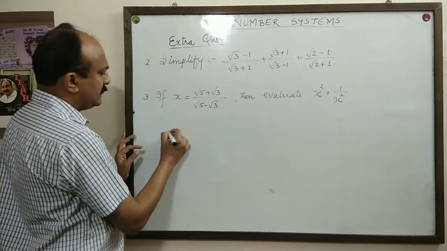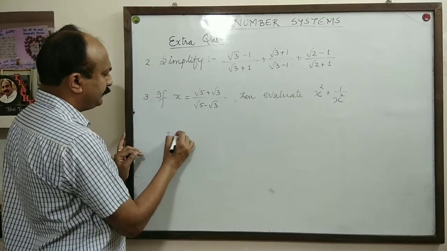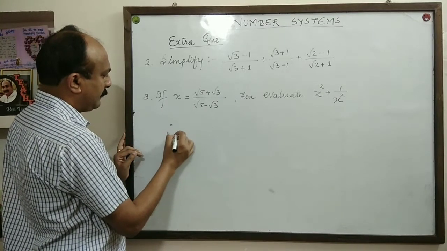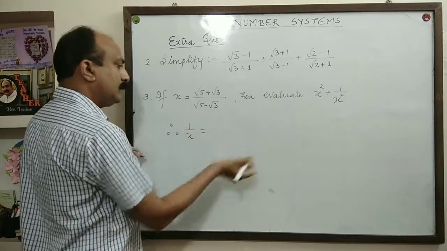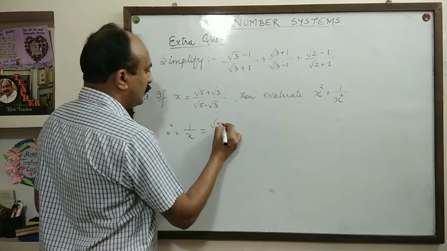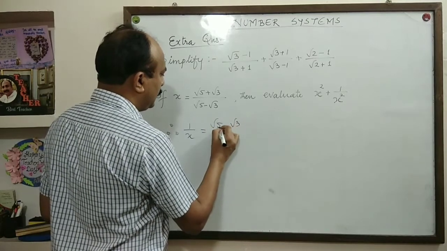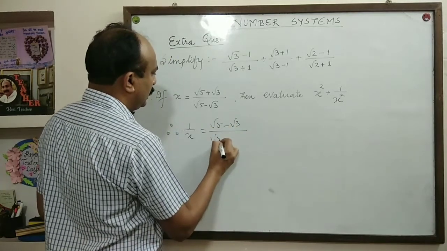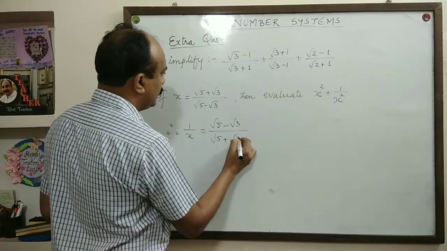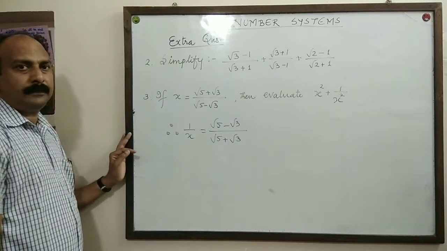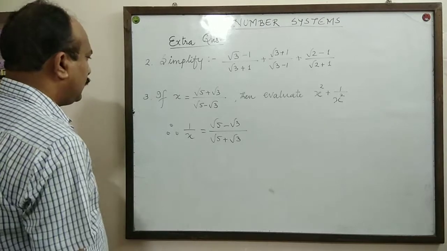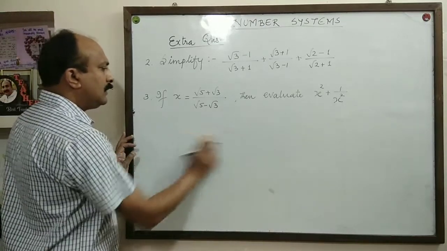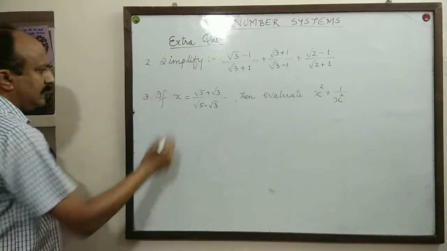This is x, therefore 1 upon x is equal to the reciprocal, root 5 minus root 3 upon root 5 plus root 3. There are many methods, or we can simplify x alone.